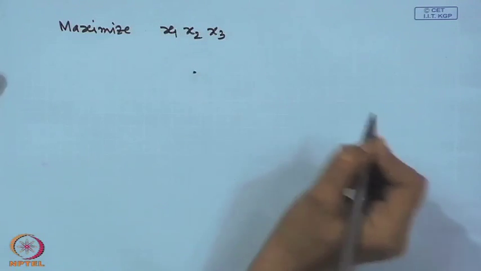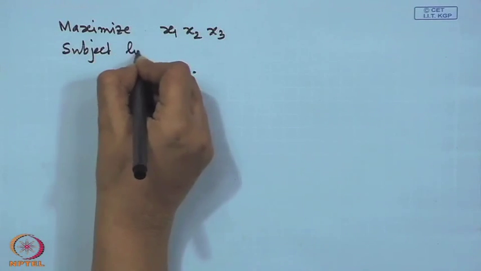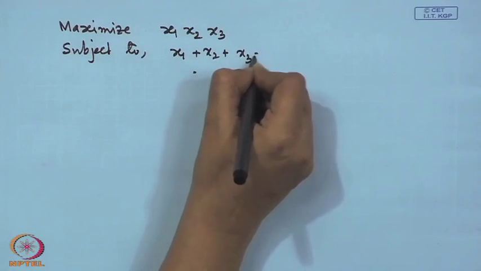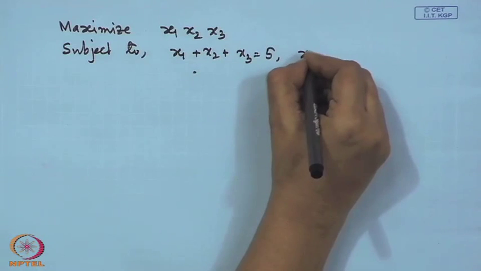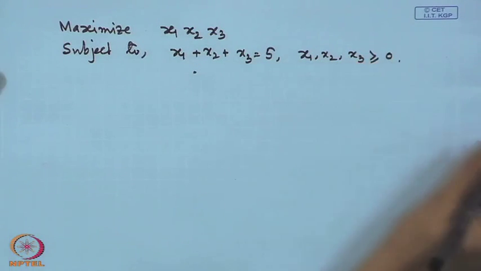We want to maximize x1 x2 x3 subject to x1 plus x2 plus x3 equal to 5, and x1, x2, x3 are all positive values.